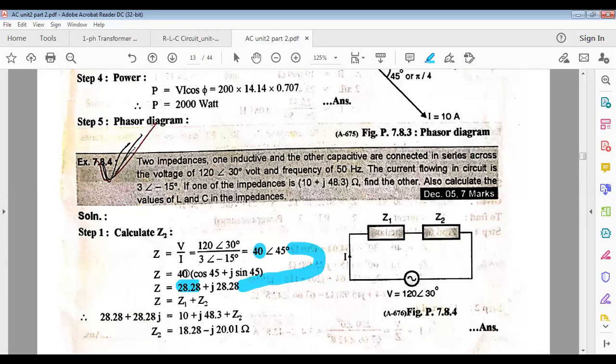Z cos phi. See here, Z cos phi. And what is its imaginary part? Z sin phi. So see, 40 into sine of 45 is this imaginary part. In 12th you have learned, no? Z cos phi is the real part, Z sin phi is the imaginary part. Got it? Okay.